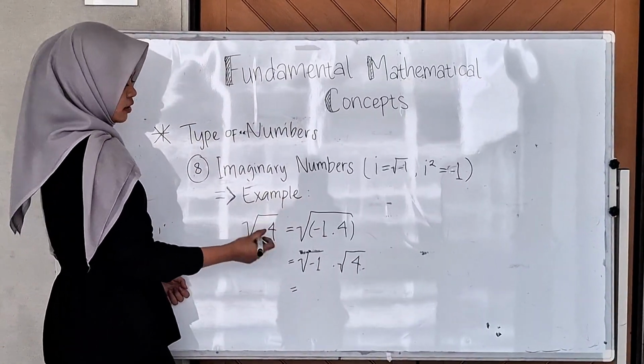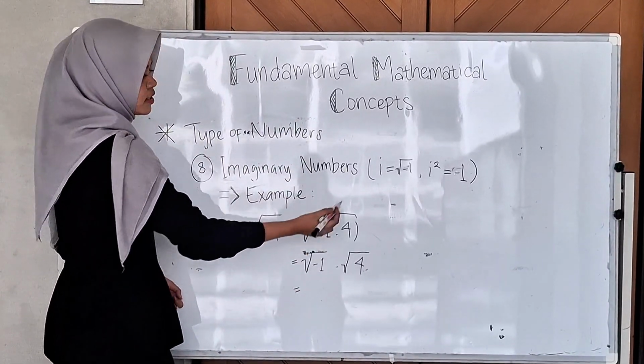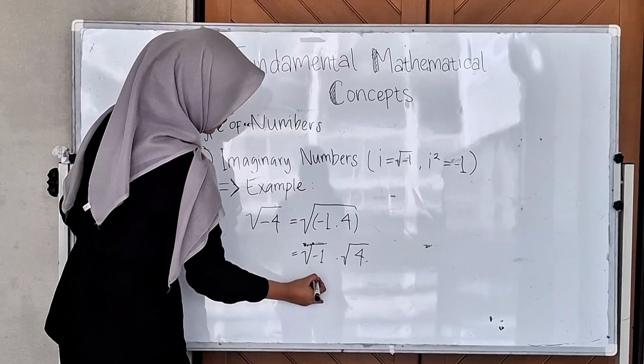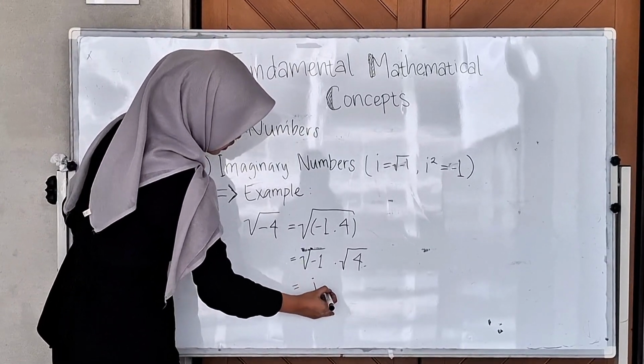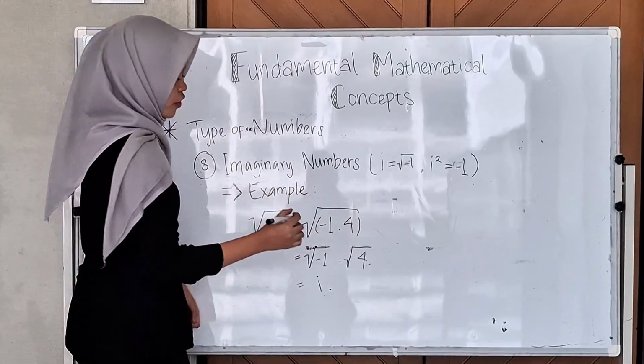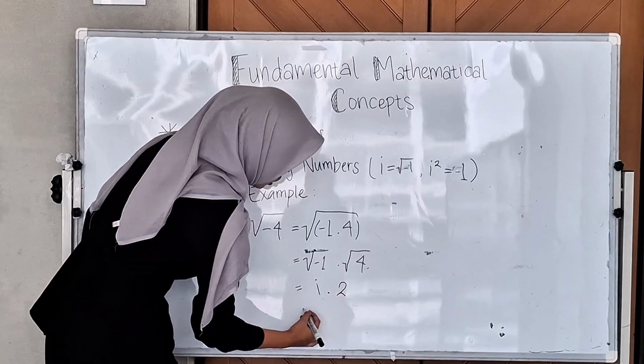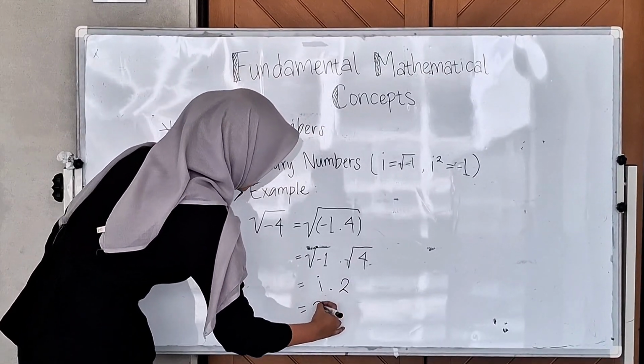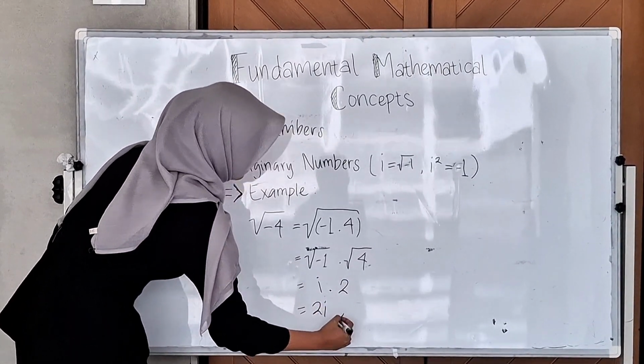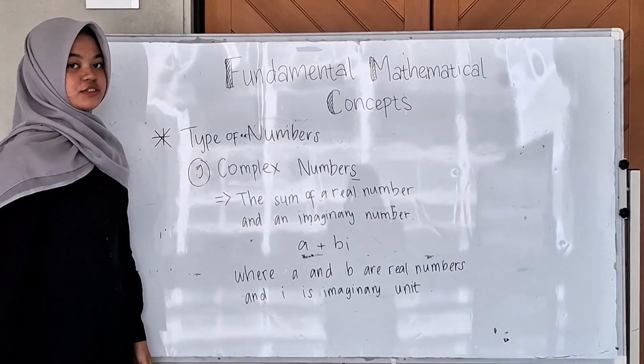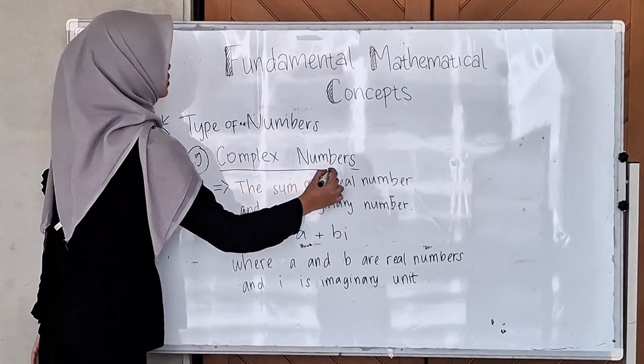And as we know before, square root of negative 1 is i, times square root of 4 is 2. So the answer is 2i.